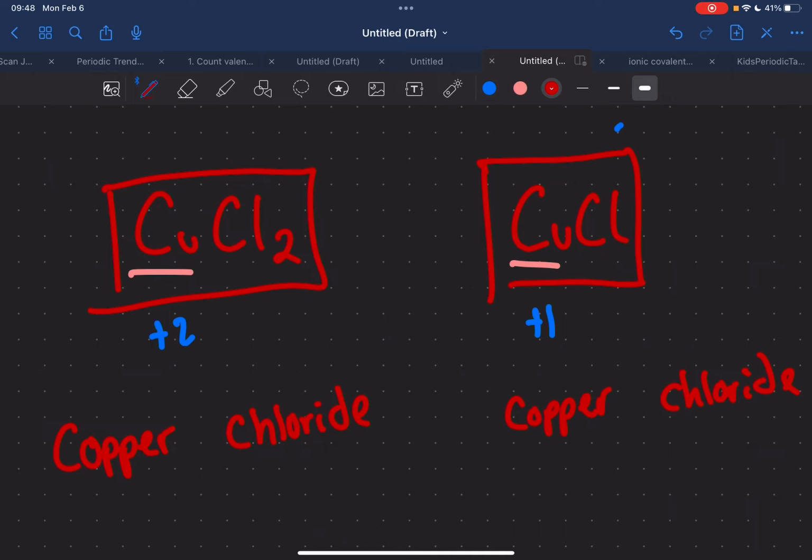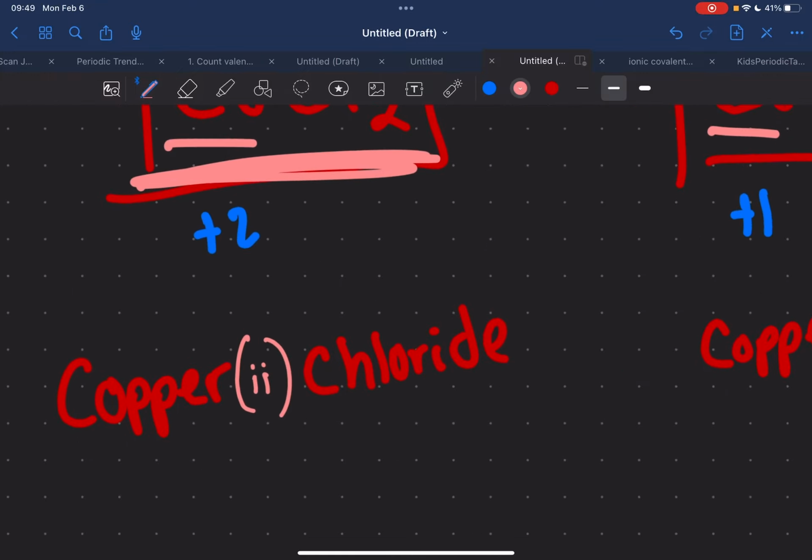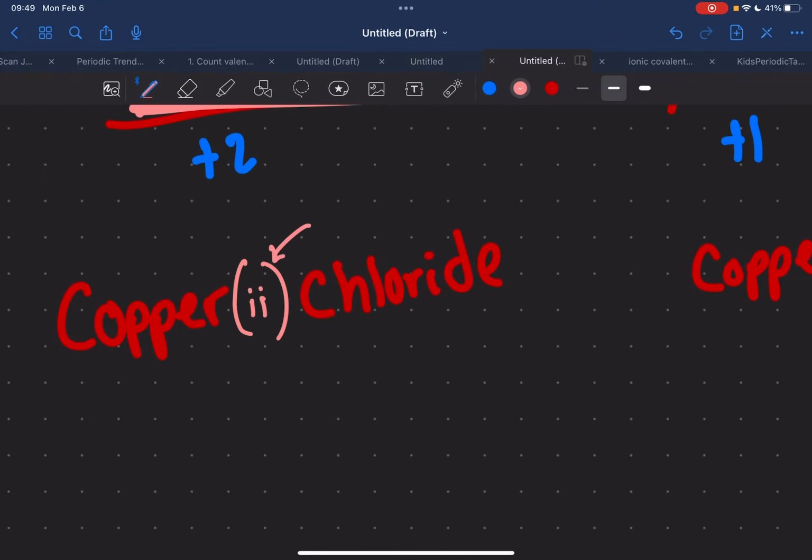And so the name for CuCl2 is actually copper, parentheses, II, close parentheses, chloride. And that II, those are Roman numerals. Sometimes you will see them capitalized, like that. But lowercase is fine.